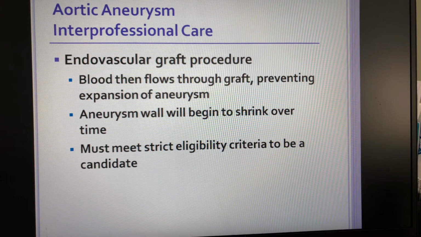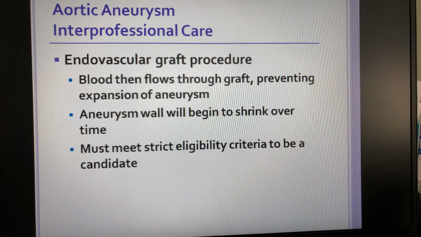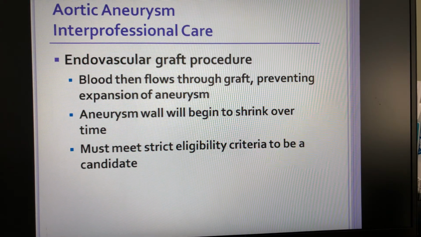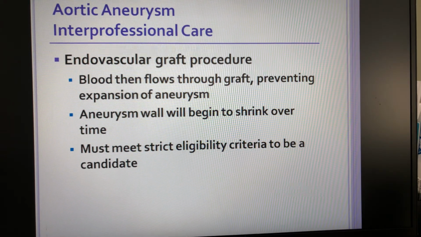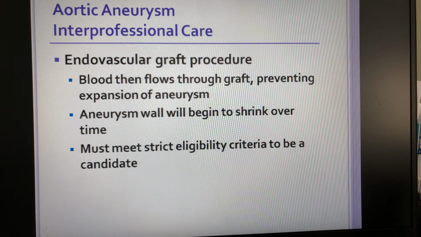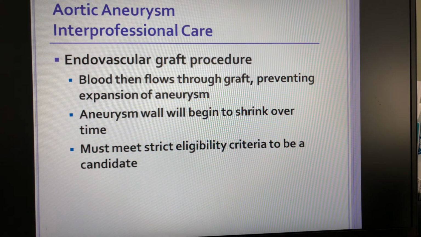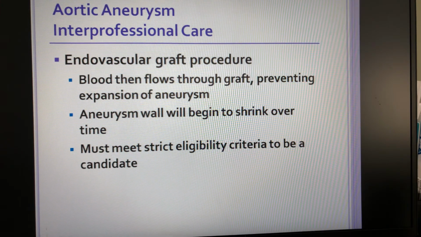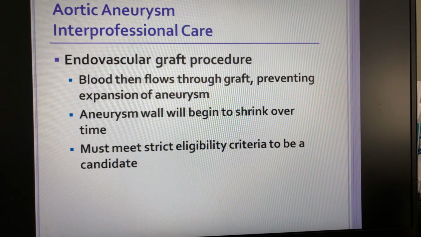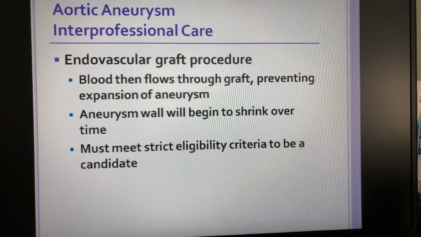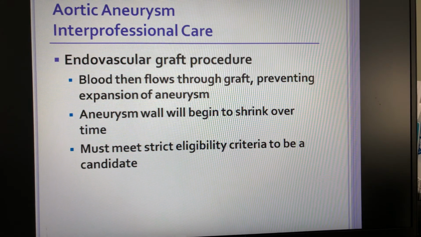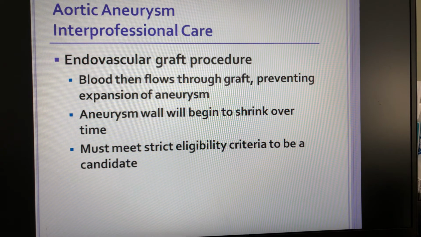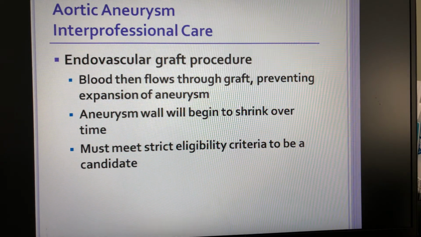So as it shows here, blood flows through the graft, preventing expansion of the aneurysm. The aneurysm wall will begin to shrink over time, and the patient must meet strict eligibility criteria or requirements in order to be a candidate for this particular procedure.